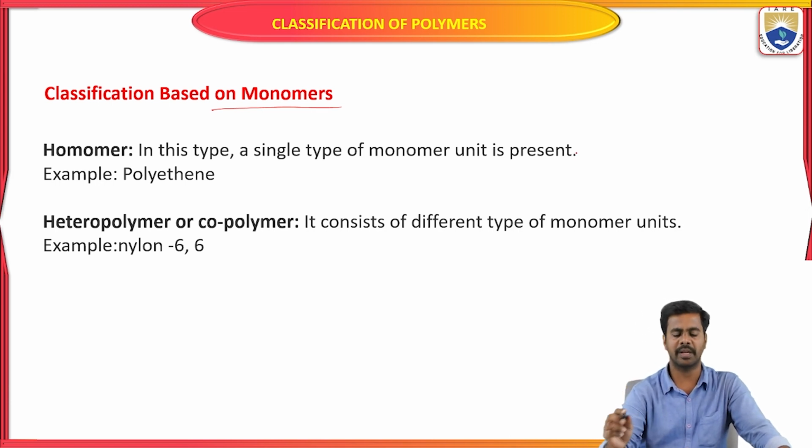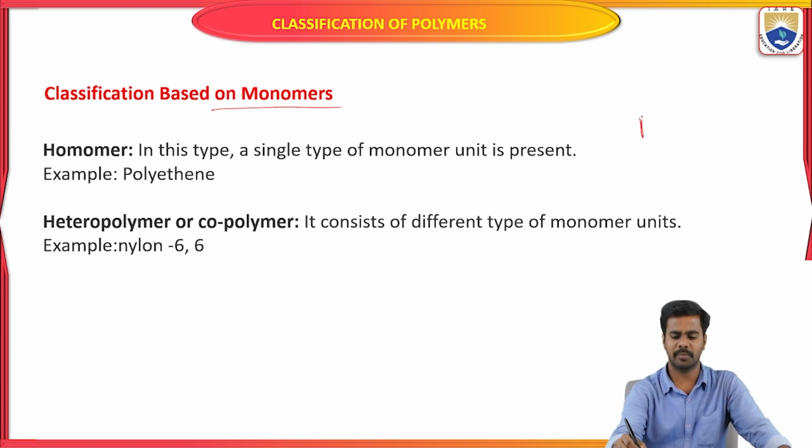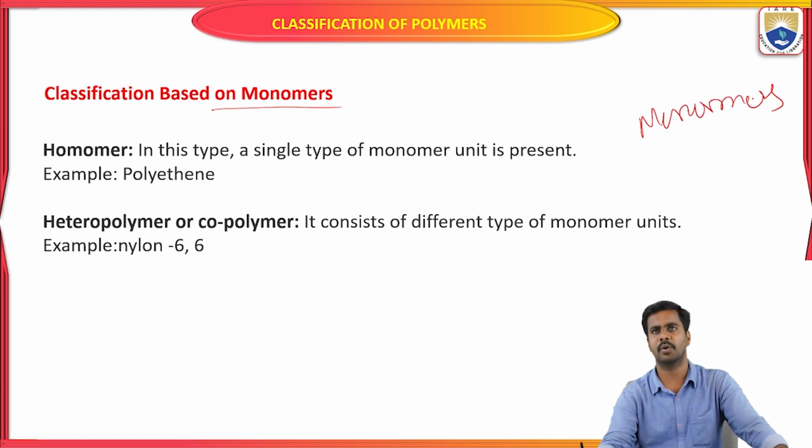In homopolymers, only one type of monomer is involved in the polymerization reaction.